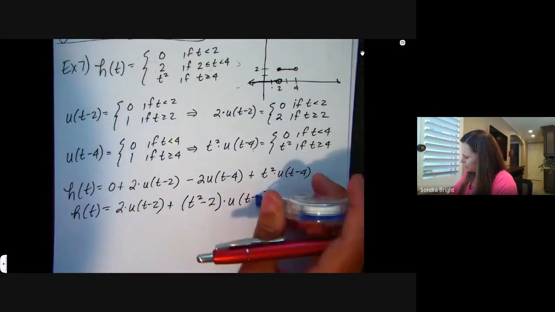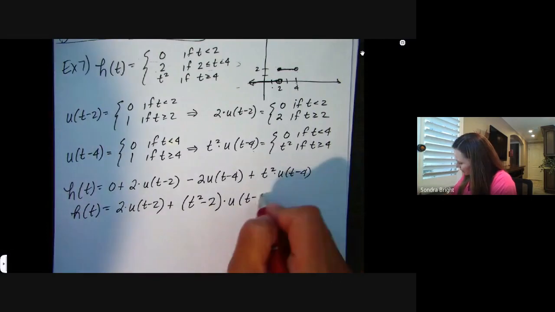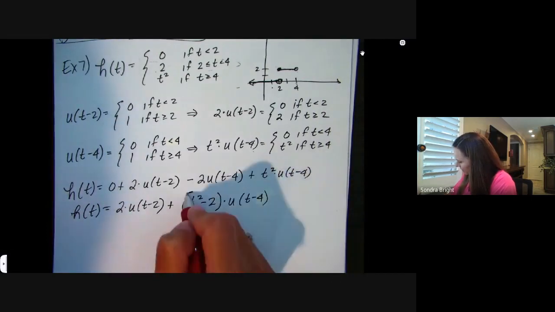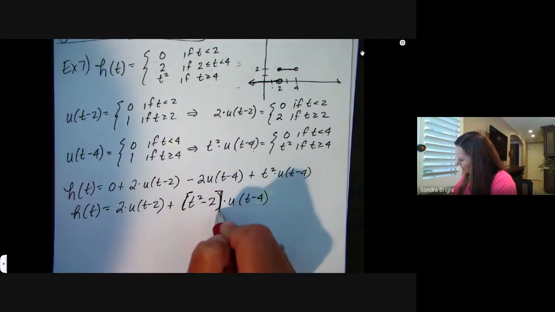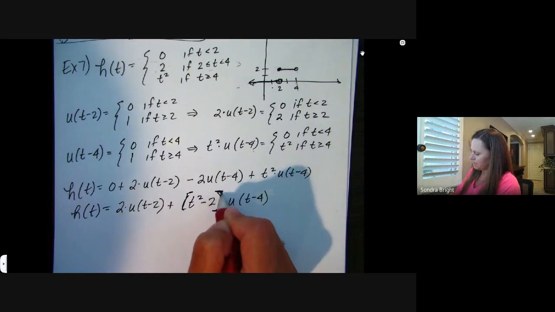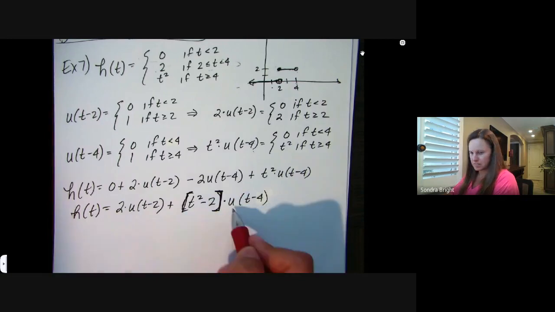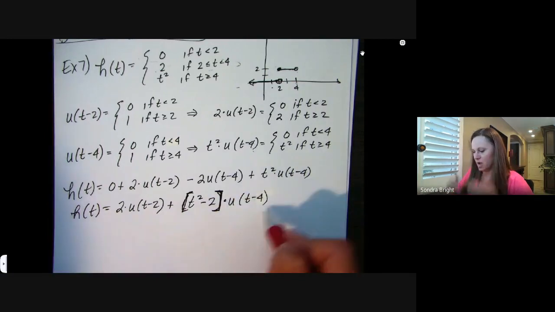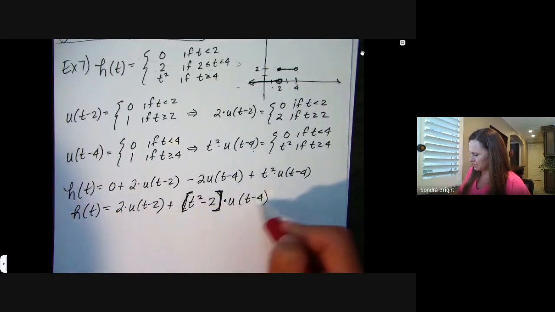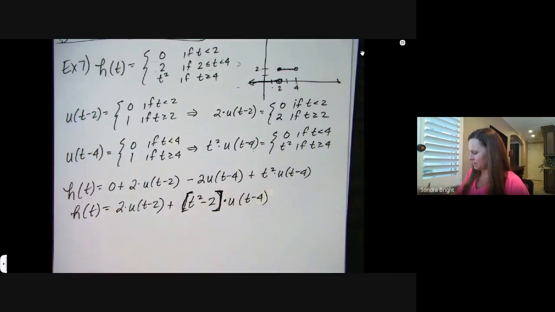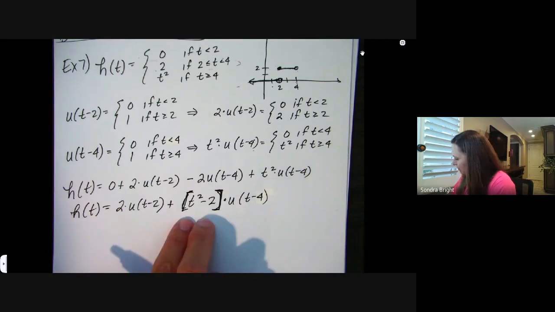Maybe I should put brackets on these to make it less confusing. This is a function times the unit function. So this is not u times t minus 4, this is u of t minus 4, times the function. The 2 is not as confusing. All right, hopefully that makes sense.